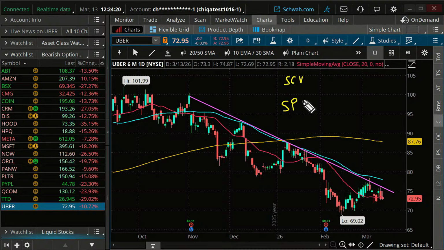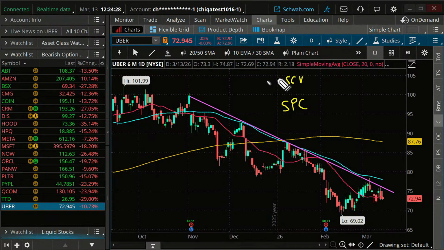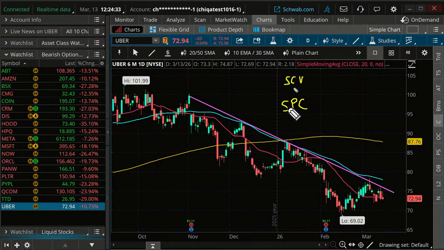That makes up your iron condor. What we did a couple weeks ago was we differed the number of contracts, short call vertical, short put vertical.